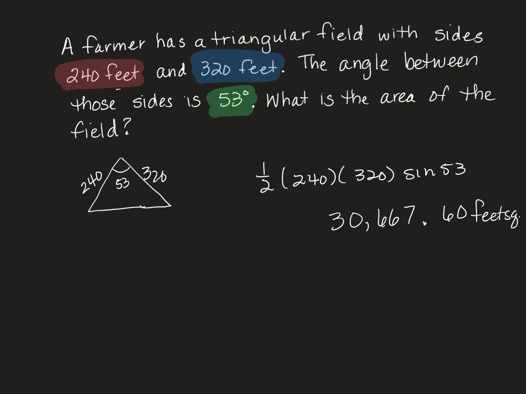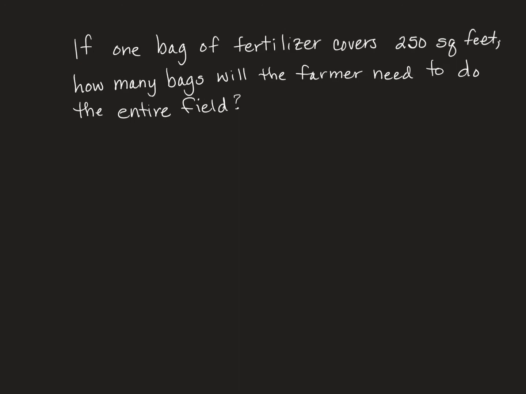Because remember, we have labels here, so we want to make sure we label it. So that's how big the field is in area. If you have questions, always ask.